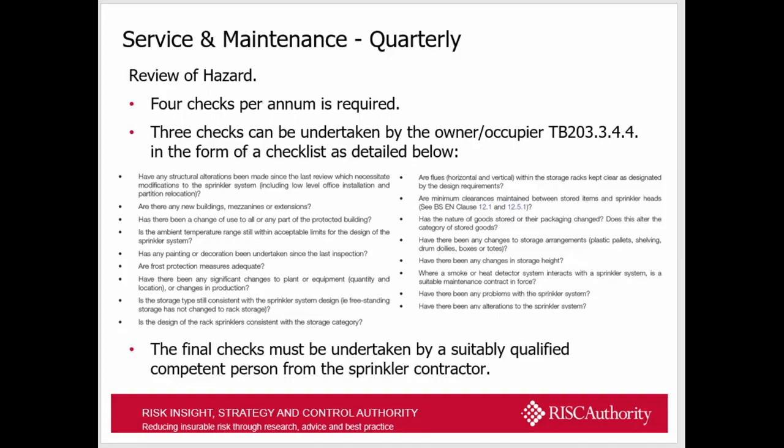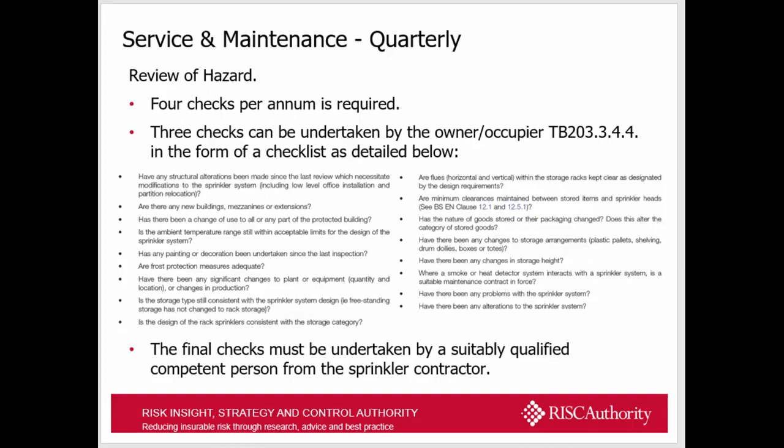And the checklists cover some of the bullet points that are on the screen. Have any structural alterations been made since the last review? Have there been any changes in storage height? Are frost protection measures adequate? If you've got racks, are the flues kept clear as designated by the design requirements?